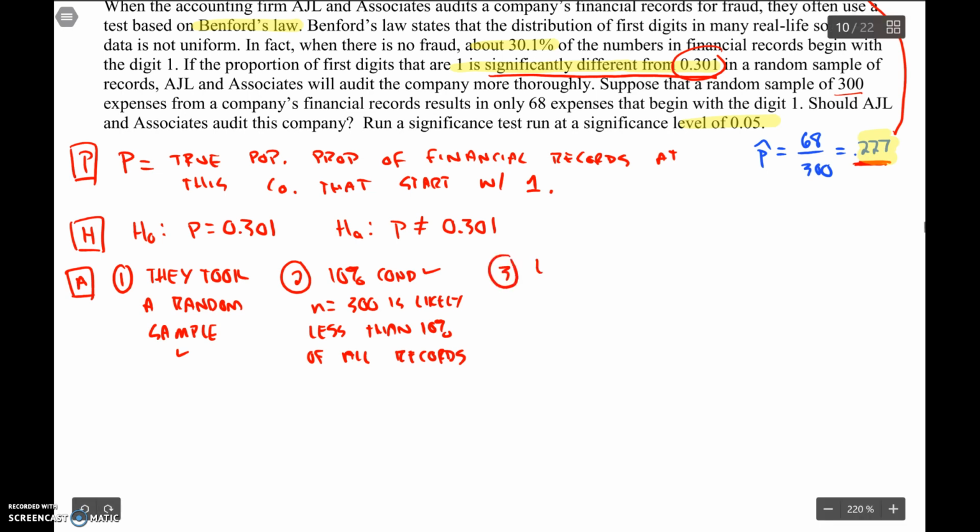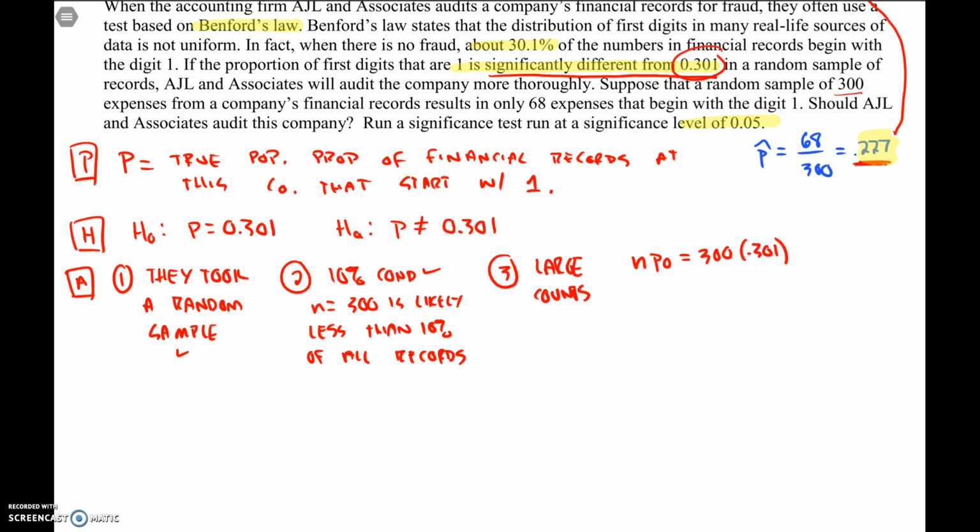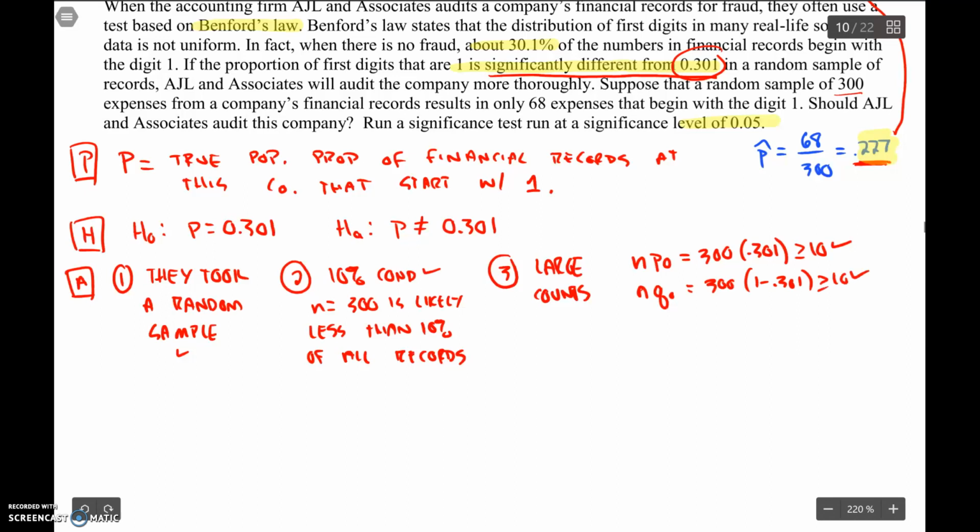And then 3 is large counts. I need to check n p naught, which is 300 times 0.301. I don't know what that is, but that's going to be 100-ish or 90 something. Certainly bigger than 10. So we're good. And then n q naught. And we are definitely good on this one. That's 1 minus 0.301, the complement of that. So we got a big sample.